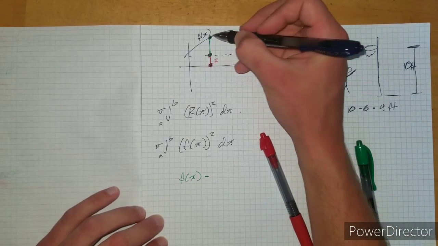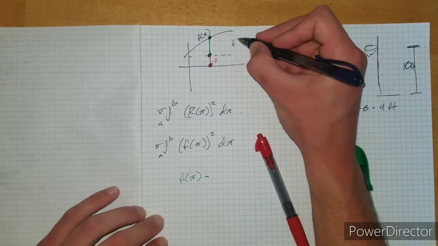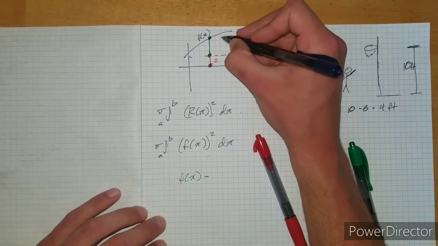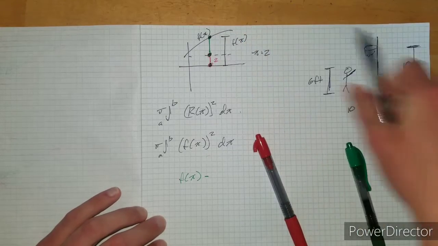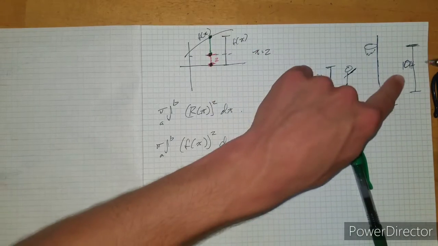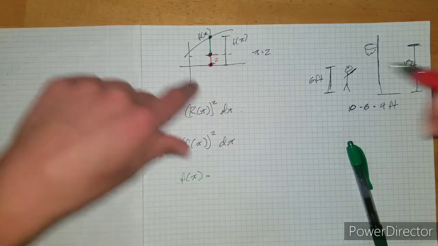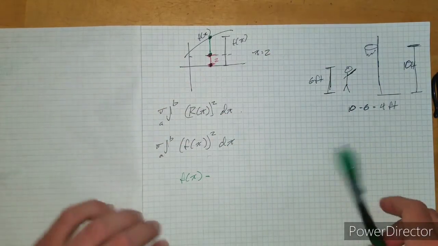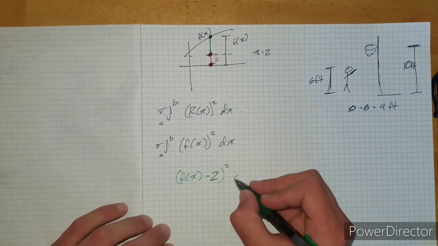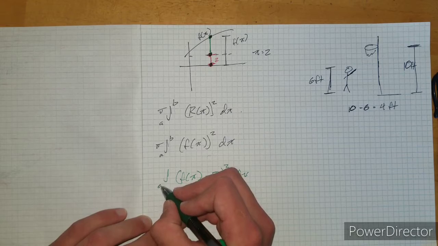From the axis to the function is just f of x. So just like we did 10 minus 6 to get 4, we have to do f of x minus 2 to find the radius, from a to b.